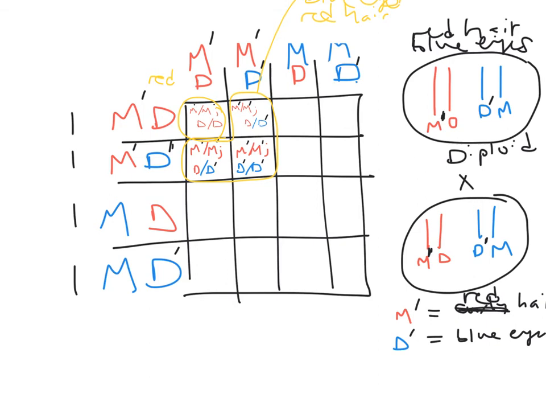It's going to look the same in each of the other 4 sections. So the other 3 sections are going to look like that. Where else on this table will you find a square that definitely has the red M together with the blue D?